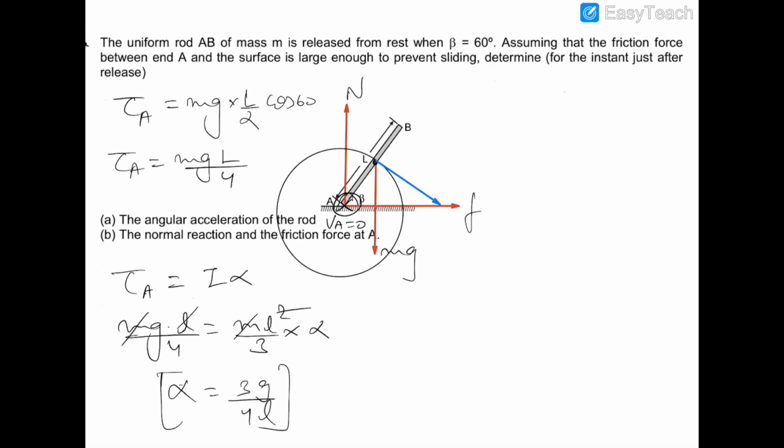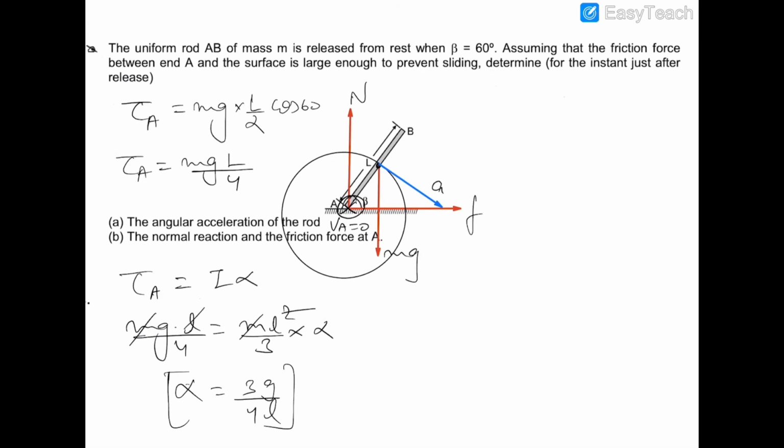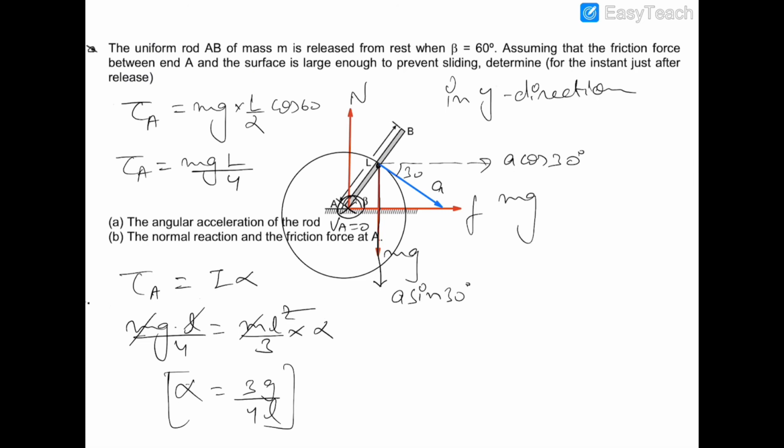So this is A, and obviously this angle is 30. So the component of A is A cos 30, and this component of A is A sin 30. So in y direction, the equation would be mg is acting in the downward direction, normal reaction is acting in the upward direction.